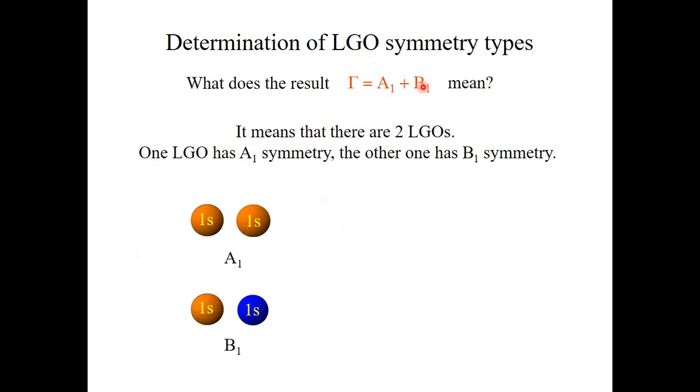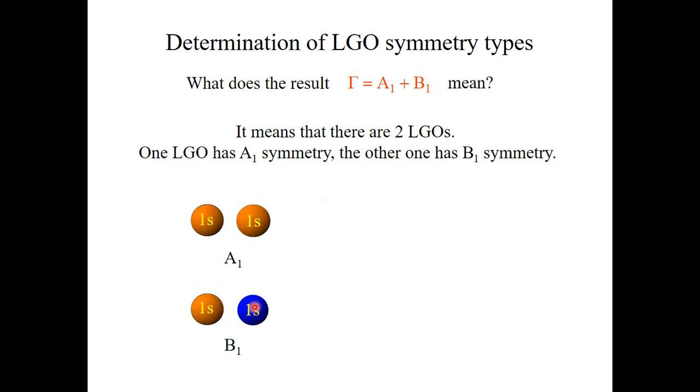And can we actually show visually that our two ligand group orbitals have that symmetry type? Now remember in the last class we said, well, there are two ways to combine the two oneness orbitals. The first way is that the algebraic signs of the two oneness orbitals is the same, and the other way is to have opposite algebraic signs for the two oneness orbitals.